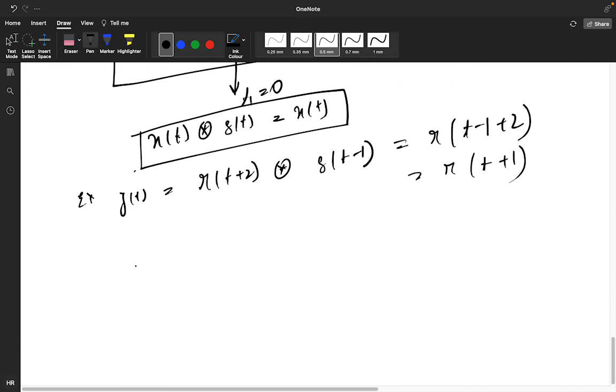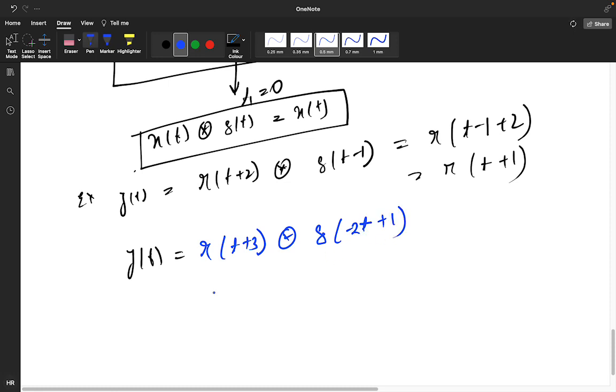Another example, y of t is given. These all are the GATE questions. Y of t is given r of t plus 3 convoluted with delta of minus 2t plus 1. So first you need to solve this function. R of t plus 3, scaling of an impulse function will come in the downside.